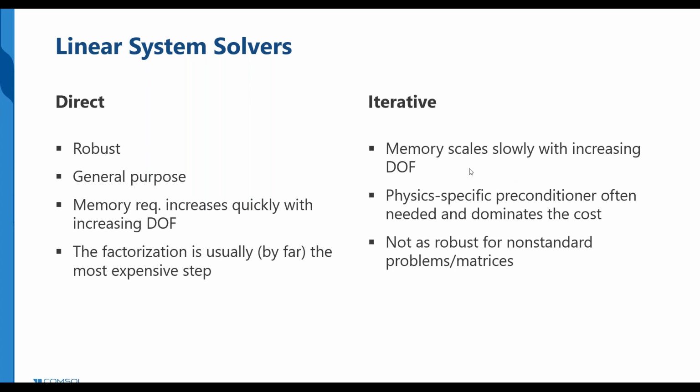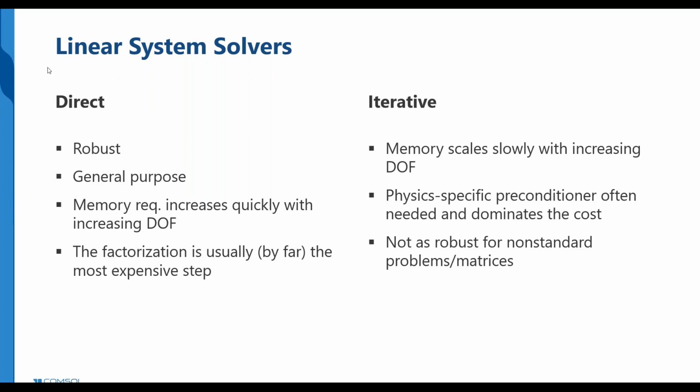The iterative solvers scale much better with increasing size. However, they need what we call physics-specific preconditioning. And that is the key to the robustness and also to the performance of an iterative solver. And it's not as robust. It's not a black box technique.